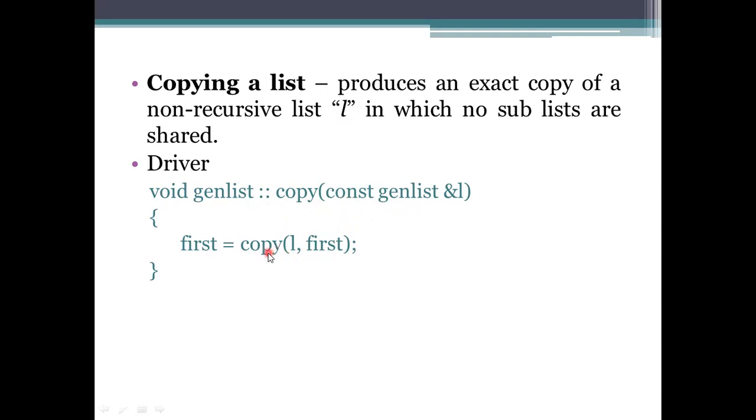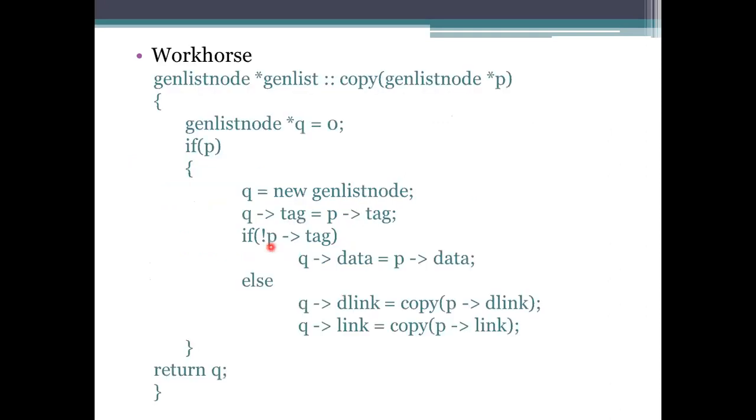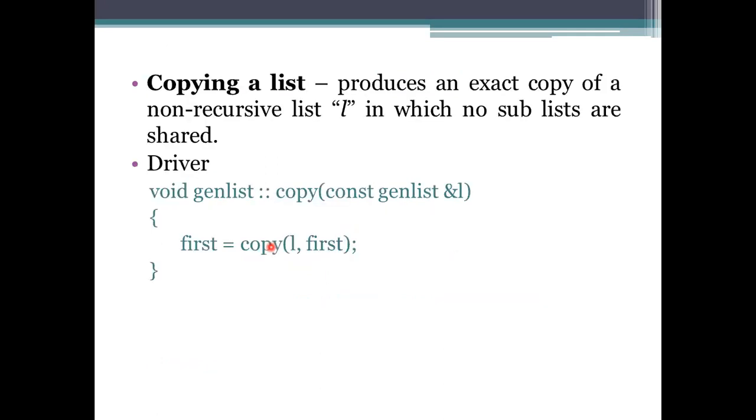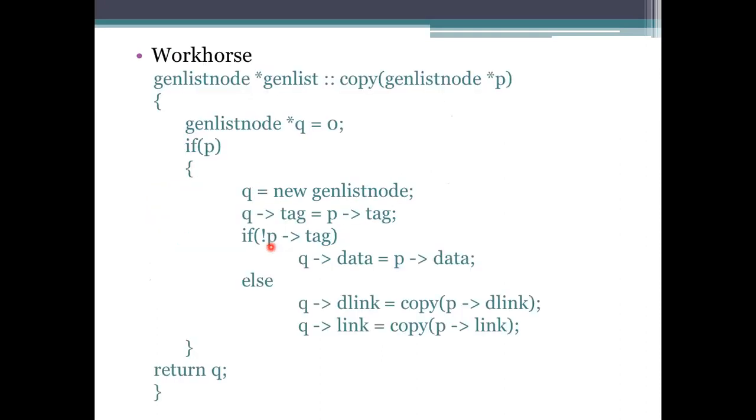So the first will consist of the elements that you have taken from the L here. So that is a driver, which is placing a call copy. And what the copy method or the generalized list method will do has to be specified by the workhorse. So either you are calling the generalized list or you are calling that copy list. What happens here is we need to process that thing. So any method that you have placed has to be called here.